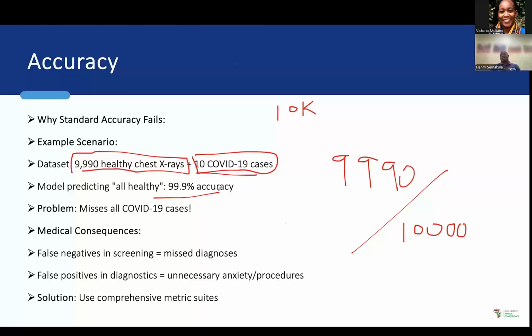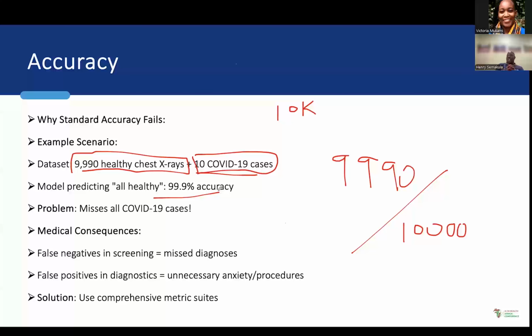And if you're a starter and you've just joined machine learning, and this is your first time training a model, and you check the accuracy and it says 99.9, you'll be very excited and very happy. But this model cannot perform well.